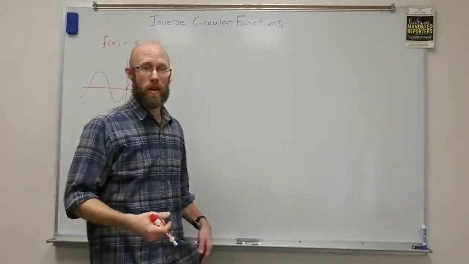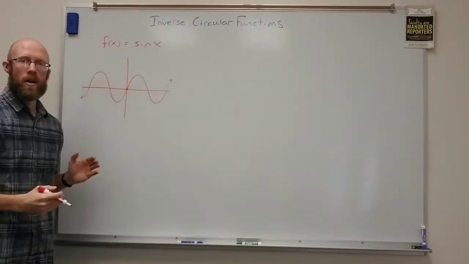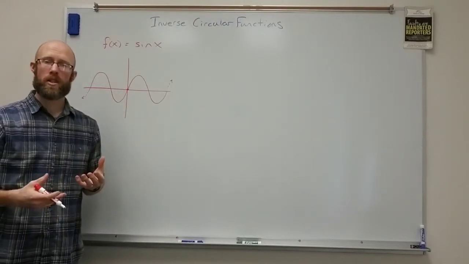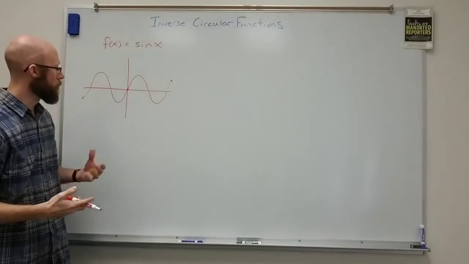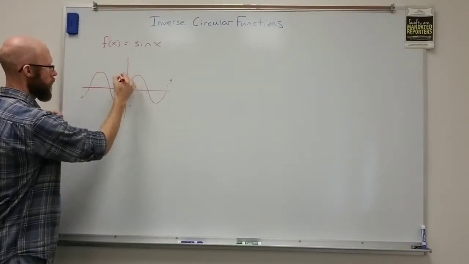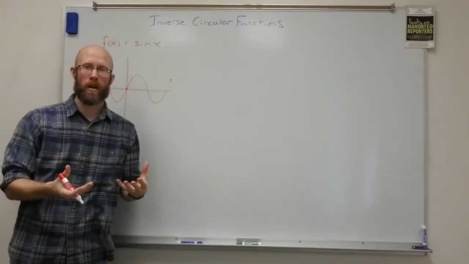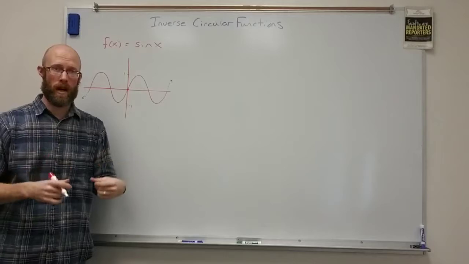We don't want that for an inverse. We've got to restrict this. We've got to narrow this down so that it is a one-to-one function, but yet covers all of the possible outputs. So we need to cover everything from -1 to 1 as an output, but restrict the domain down. Obviously, we can't have all the domain values.